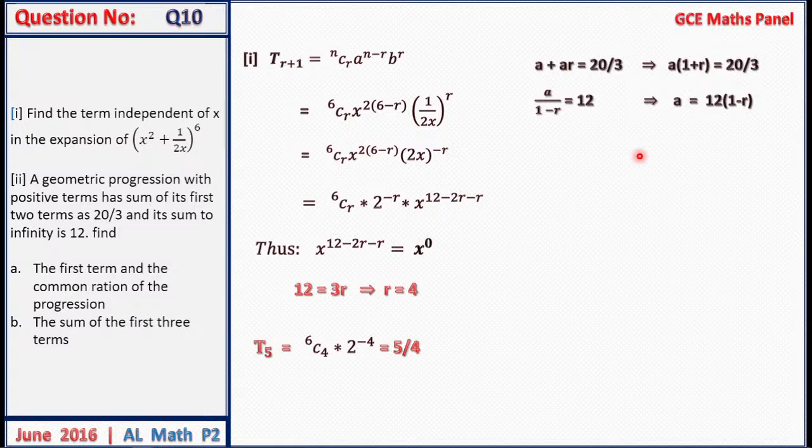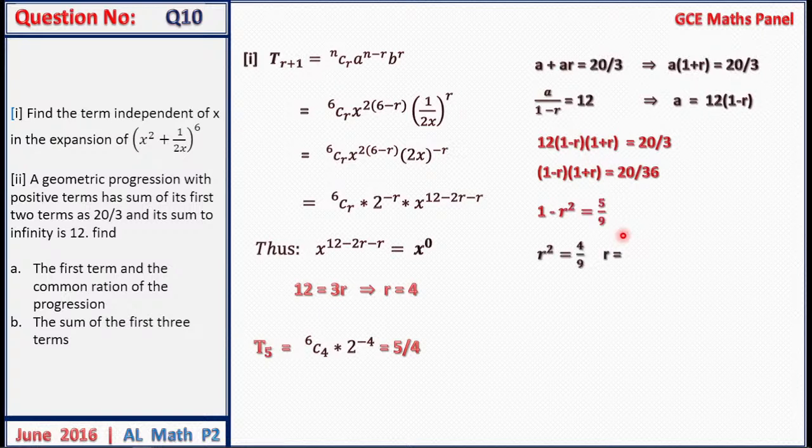Now we are equally being told that the sum to infinity is 12. And how do we get the sum to infinity? Sum to infinity is the first term all over 1 minus r. And so that gives us these two equations, which you can conveniently solve. So here we are going to have 12 into 1 minus r into 1 plus r equal to 20 on 3.